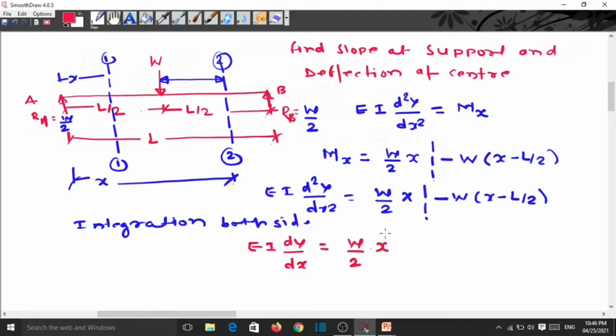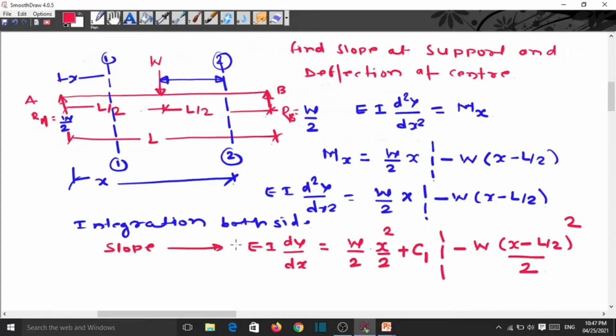Integration of x is x square by 2, plus we add the constant of integration C1. Then move to the second section, minus W. We know by Macaulay's method, integration of x minus L by 2 is the bracket square by 2. So this is the slope equation.